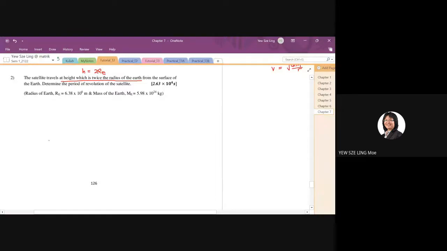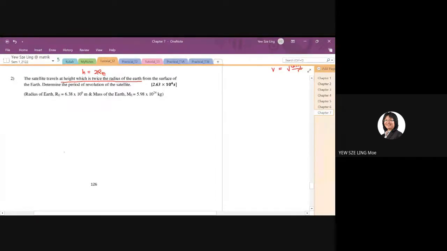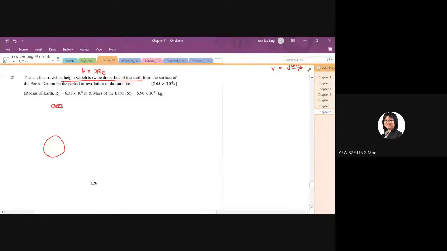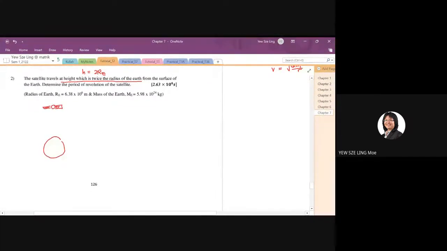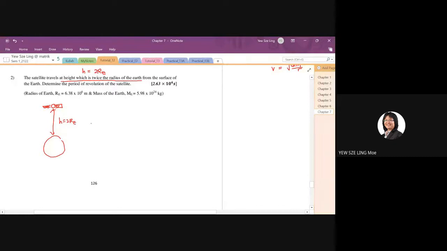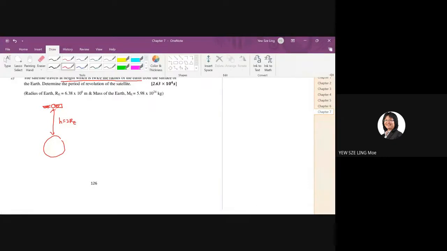So now this is the Earth, and then you have a satellite, where the satellite is located at an h that is equal to 2RE above the surface. So what does it mean?